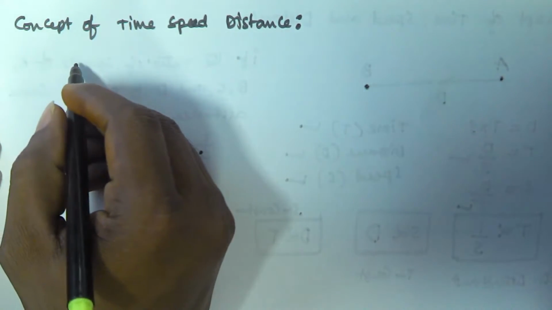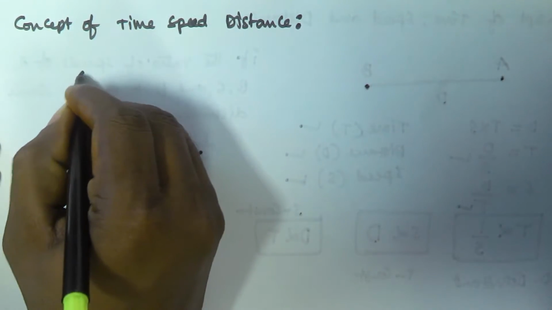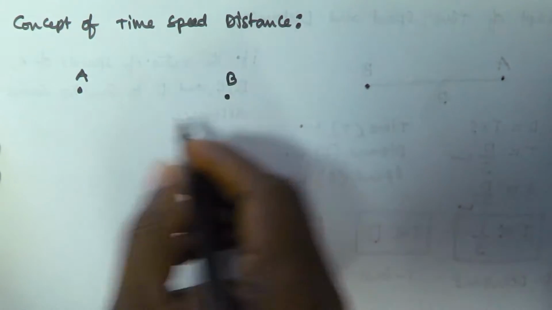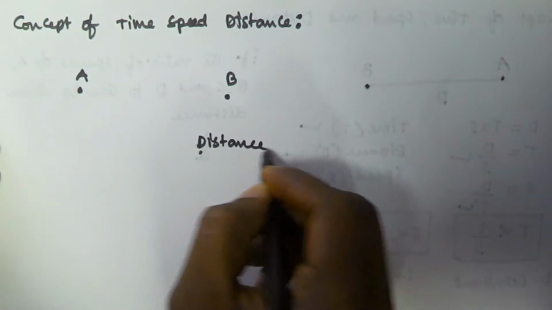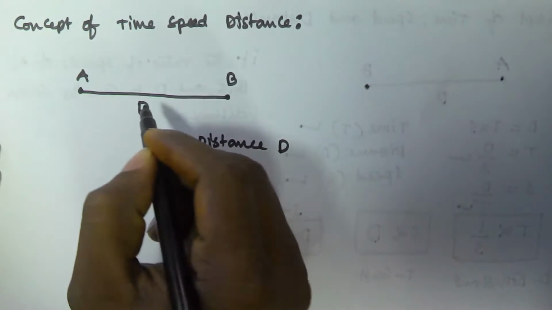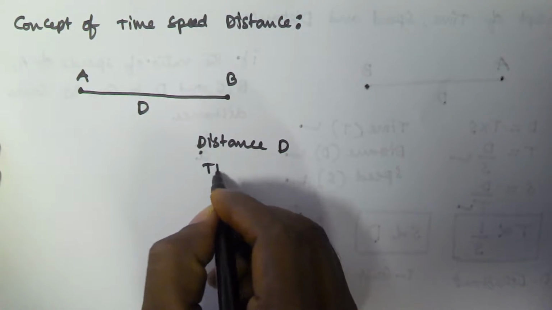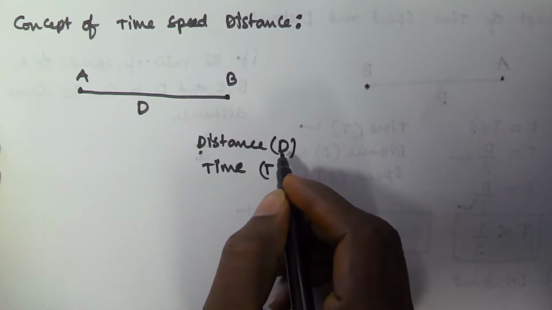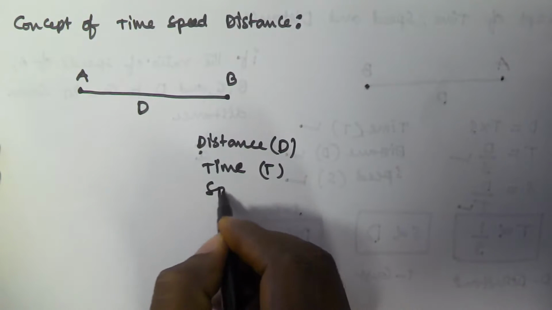For example, when a body moves from point A to another point B, which is at a distance D, then it requires some time t to cover the distance, and it needs some speed also.